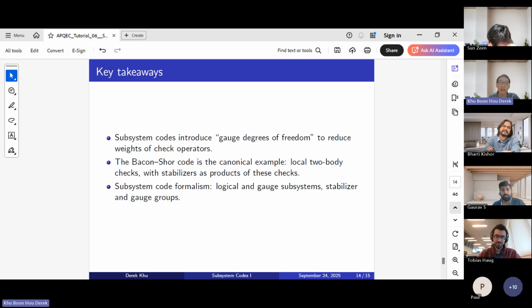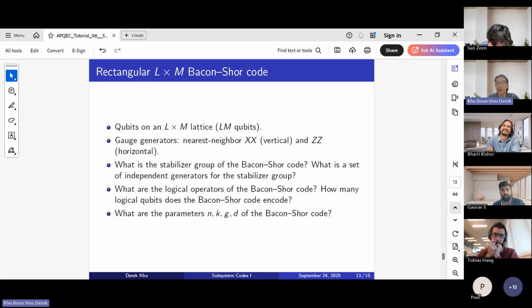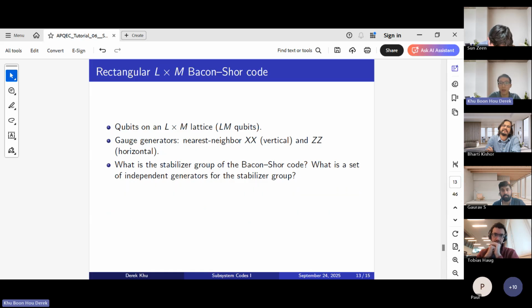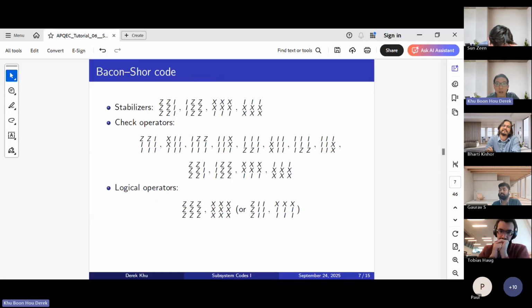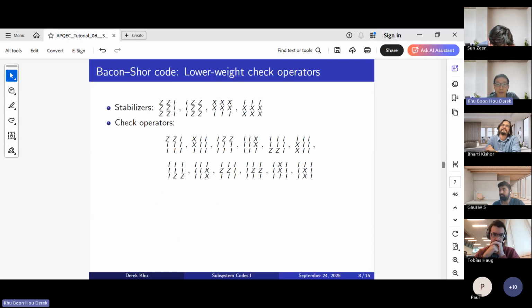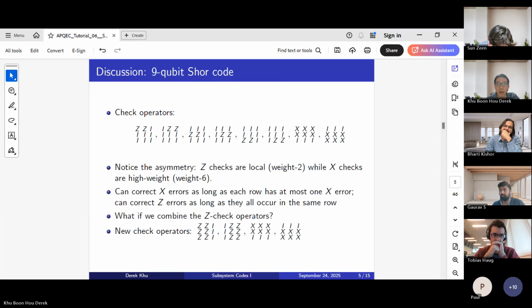I guess one downside is that it's, in some sense, more complicated. Going back to the Bacon-Shor code, way back up here: for the 9-qubit Shor code, in principle we could correct errors as long as each row has at most one X error.